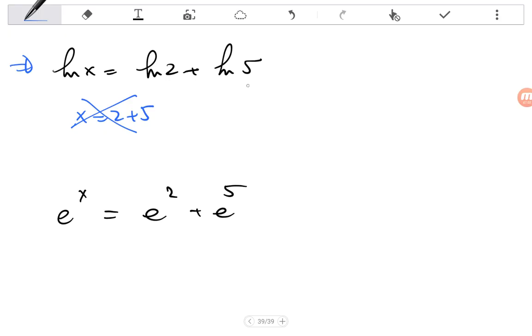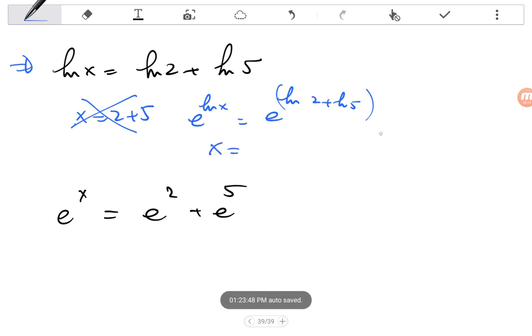Yes, I need to eliminate the ln, so I may take e power both sides. I need just to emphasize that you are taking the side as a whole. So the other side will be ln 2 plus ln 5.